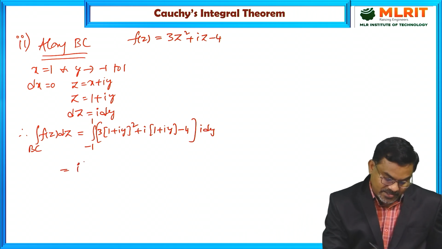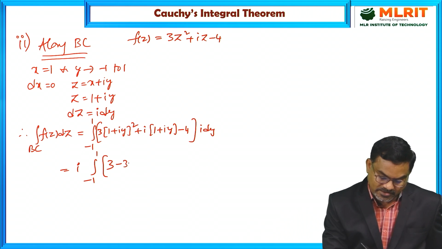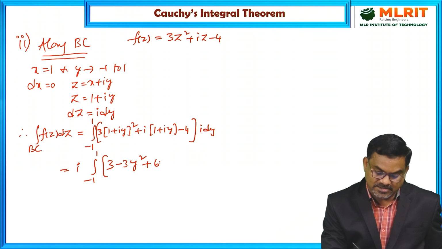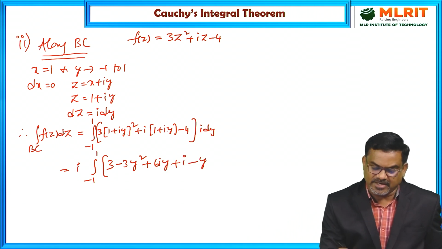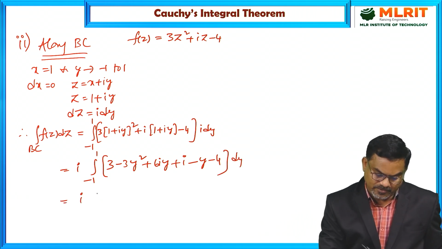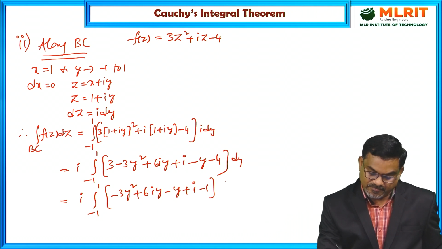So this is i into the integral from minus 1 to plus 1. Now 1 square is 1, so 3. i square y square is minus y square, so minus 3y square. 2iy, so plus 6iy, plus i minus y, since i square is minus 1, minus 4. So this is i into, again simplifying, minus 3y square plus 6iy minus y plus i minus 1.